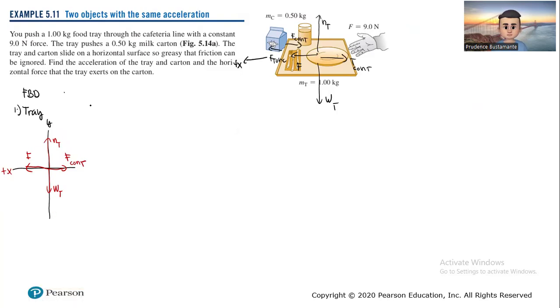Now, let's do the carton. If you are the carton, this is your positive x, and this is your y.